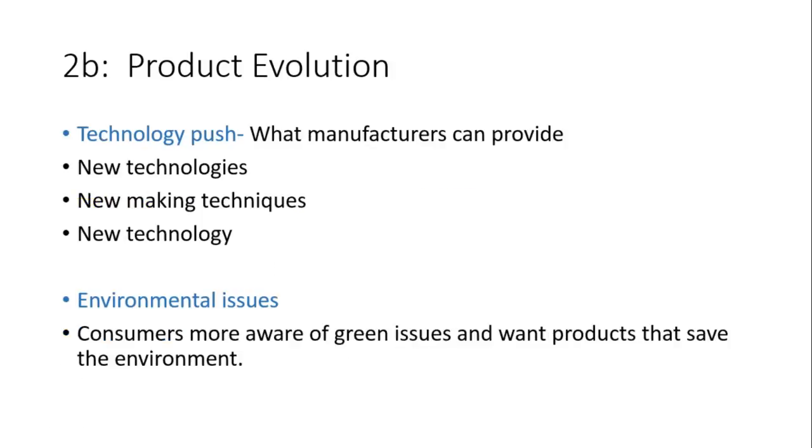Okay. Technological push. That's another reason why products evolve over time. So remember, product evolution means change over time. Technological push is where manufacturers use new technologies and new making techniques.